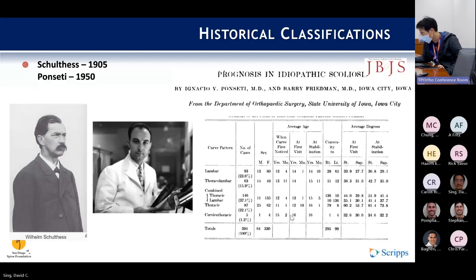All of them were treated non-operatively back then, and then where the final curve ended. So just some baseline statistics. You can see the distribution of where you see the curves. Cervicothoracic and upper lumbar were less common versus thoracic and lumbar curves. In total, he had 394 cases that he treated non-operatively.